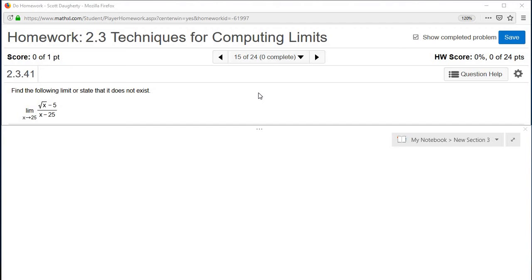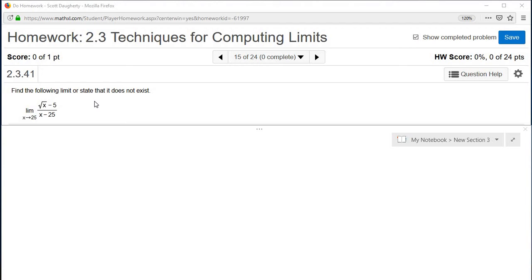You input a 25 and there is no output because you get 0 divided by 0. So technically speaking, if I were to plug a 25 into this function, I get 0 over 0, which is undefined. Okay, having said that, we're not really trying to find f evaluated at 25. We're just plugging 25 in to help us evaluate this limit.